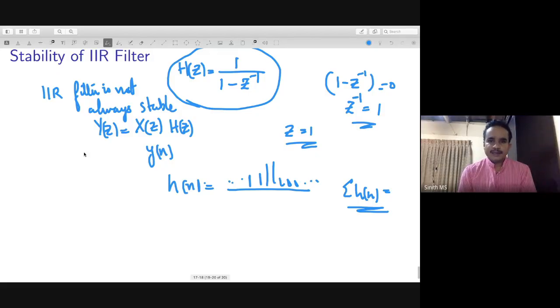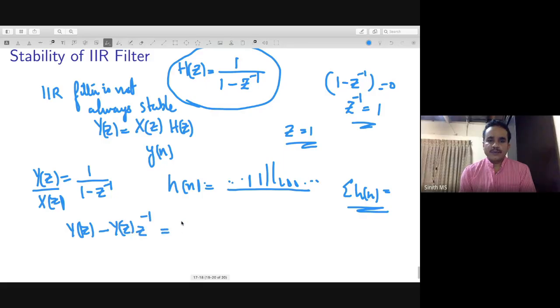And let us take, say, 1 minus z inverse itself. So H(z) equal to 1 by 1 minus z inverse, you can write as Y(z) by X(z). This is 1 by 1 minus z inverse, and if you elaborate this, this becomes Y(z) minus Y(z) z inverse equal to X(z).